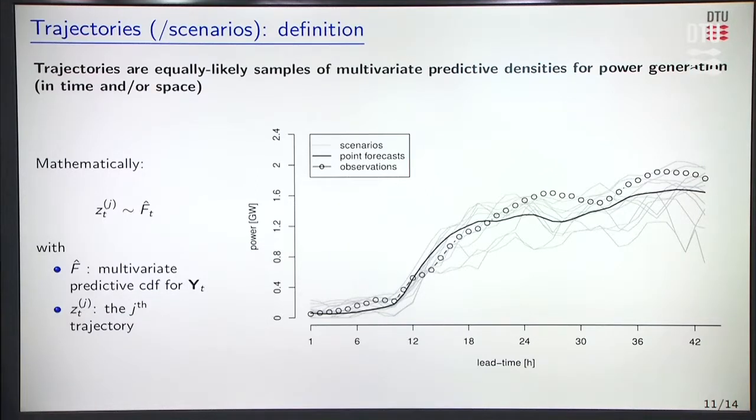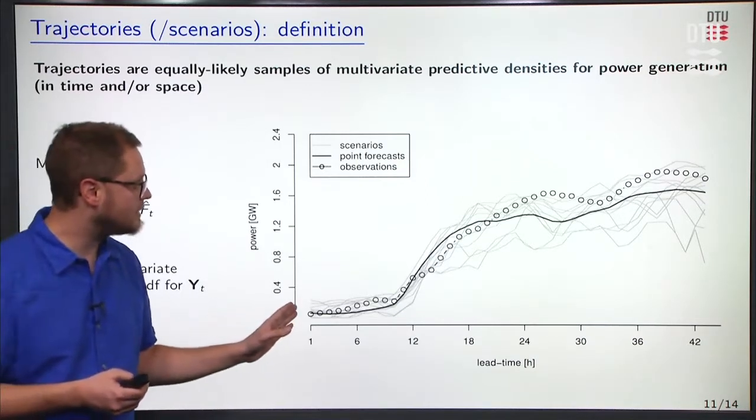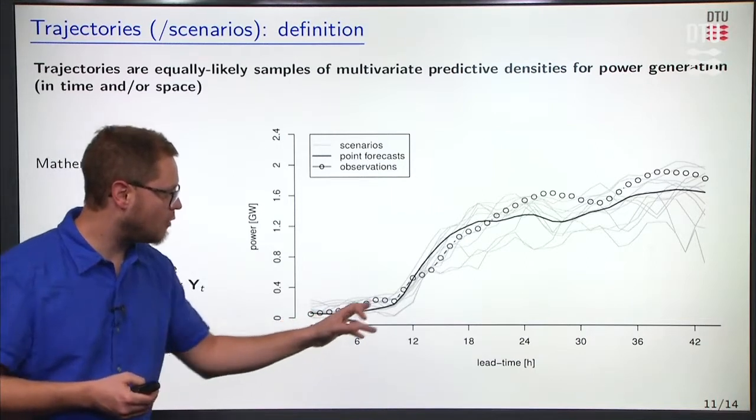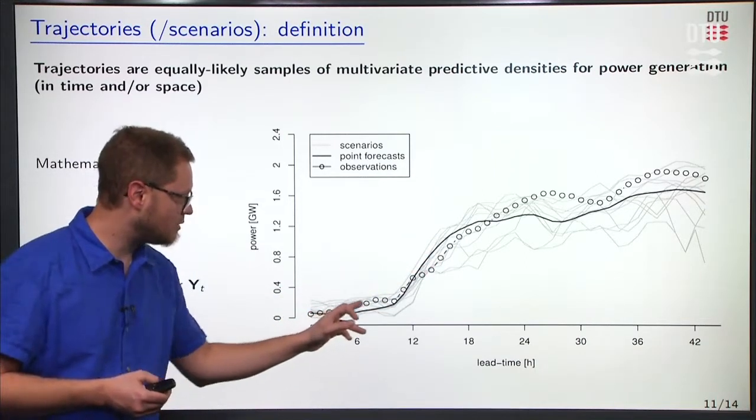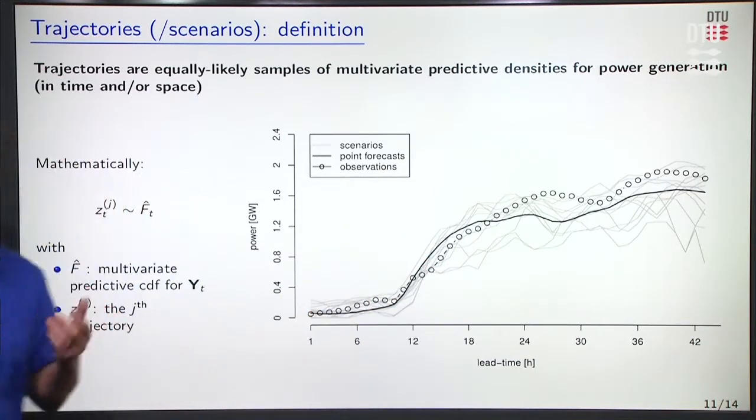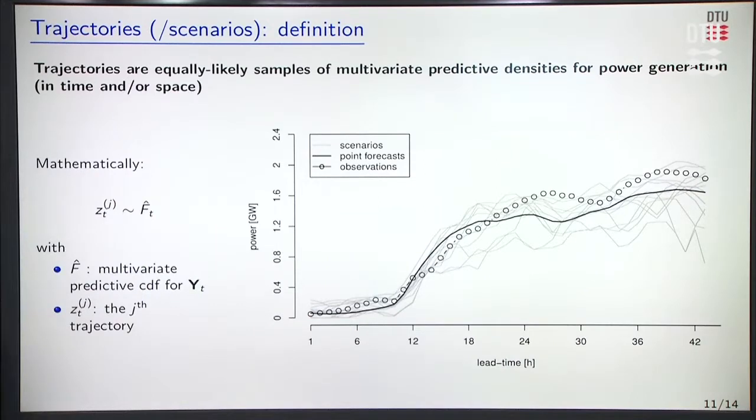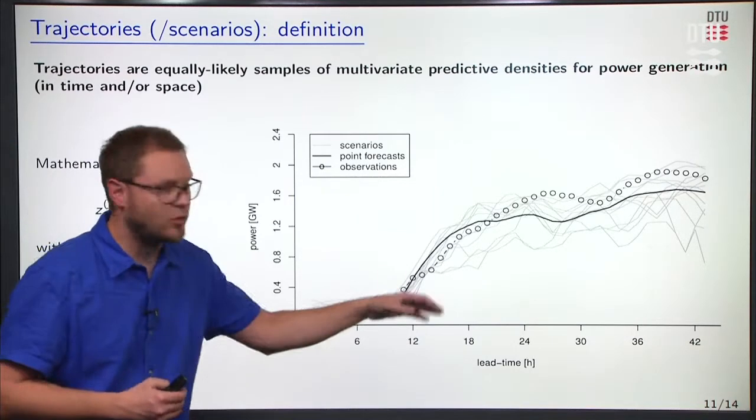In practice, this is how we would look at it. You have a forecast as we saw before. So this would be a forecast here in bold, the point forecast, and the observation as we had before, same example. We have also a set of trajectories, also called scenarios, that are around the point forecast.